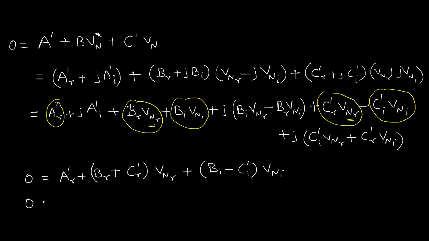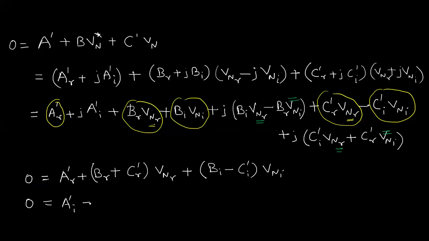And similarly, the imaginary equation can be written as the coefficient of j, the remaining terms. So this is basically A dash I. And here also I can combine the terms which are VnR, this term can be combined, and this VnI and VnI term can be combined.